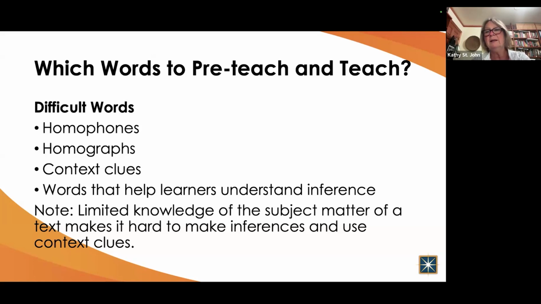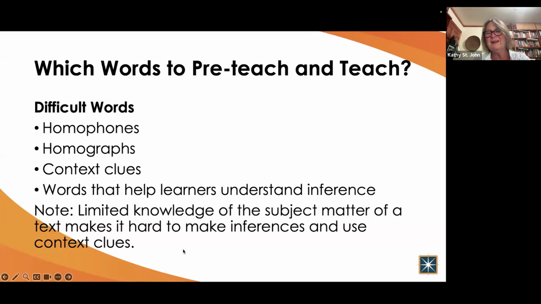Context clues, again: how do I know what is the key? If the sentence contains a word that I don't know, can I find it by reading the next sentence, or by finishing the paragraph? Oh, that must be what that word means. You need to explicitly teach that.